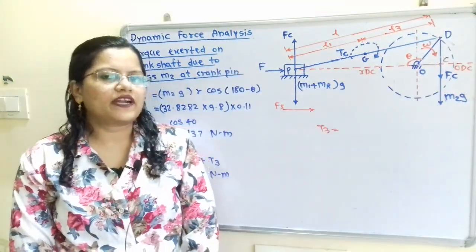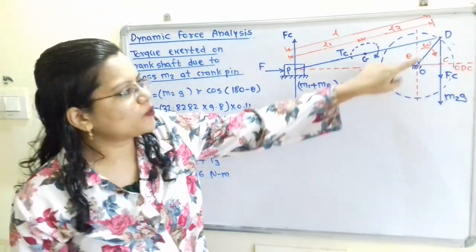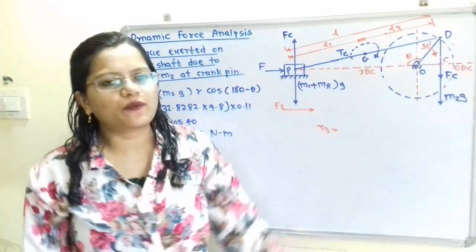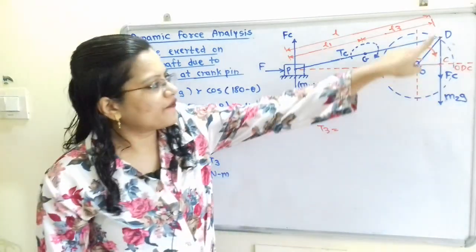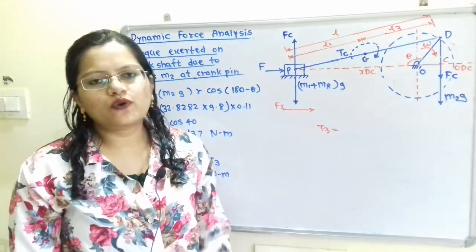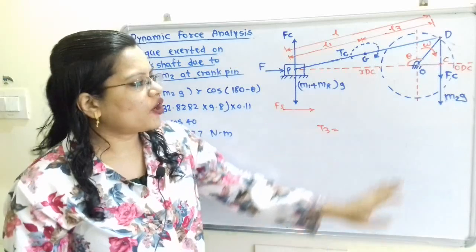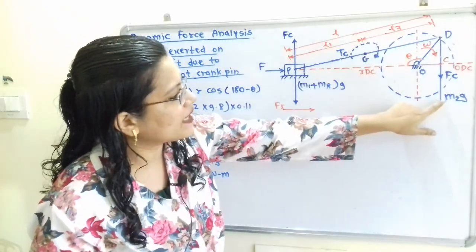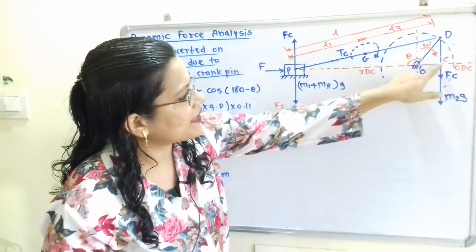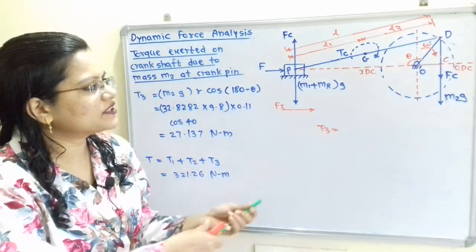Now we will calculate torque exerted on the crankshaft at point O due to mass M2 located at this point D. So here weight M2G acts in the downward direction. So how to calculate the torque due to this weight M2G? So for that, if we observe, we have to take this weight multiplied by this perpendicular distance from this O. So we will make here one construction.